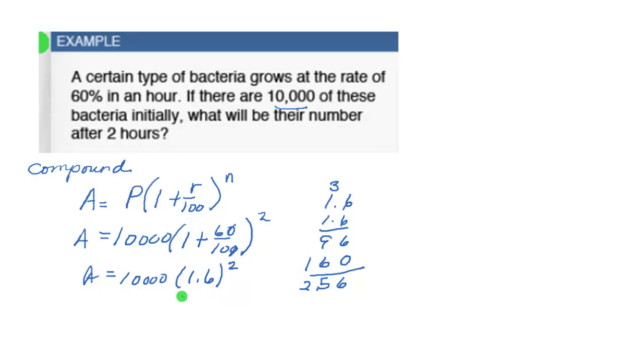Hopefully I didn't make a mistake there. Okay, so 2.56, and you're going to multiply that times 10,000, which moves the decimal 1, 2, 3, 4 places. See 4 zeros? This gets moved 4 places to the right, and so we end up with 25,600 bacteria at the end of 2 hours. Okay.